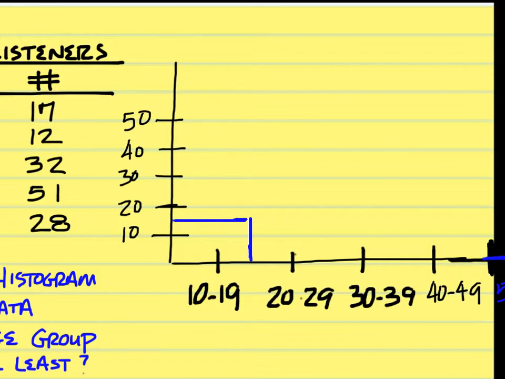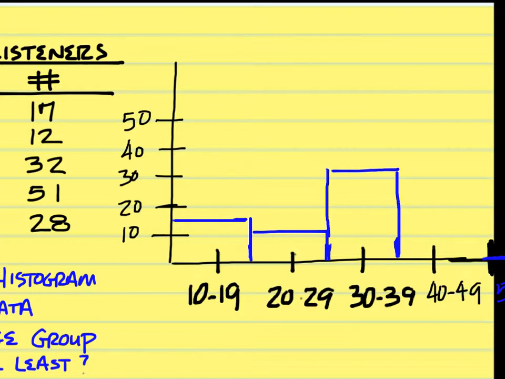The next one, from the age group of 20 to 29, make a mark in between the next 2, and it's got to go up to 12, so just barely above the 10, and then make it go to the left. 32, so we're going to have to make another mark here and go up to about 32, but you have to complete this other side and then make your bar.